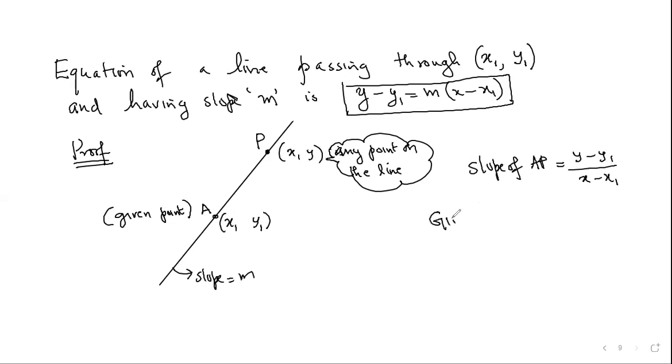Given slope is equal to m. Therefore, y minus y1 upon x minus x1 equal to m. So y minus y1 is equal to m into x minus x1.